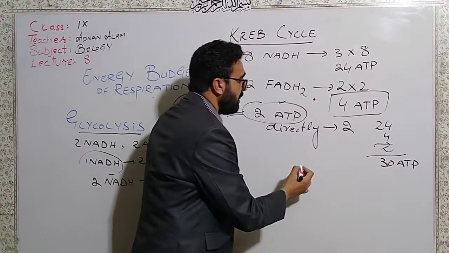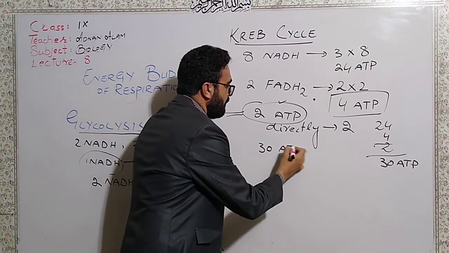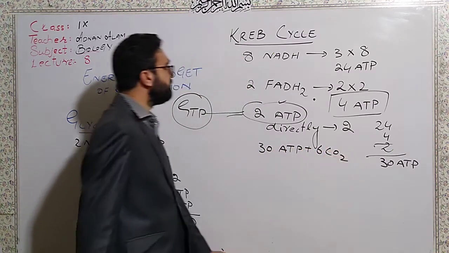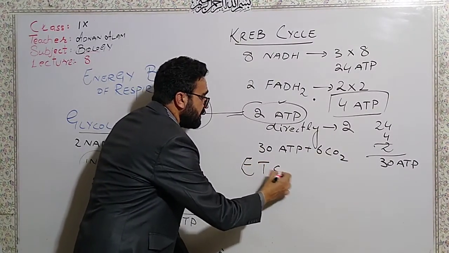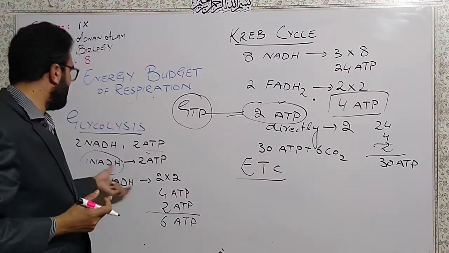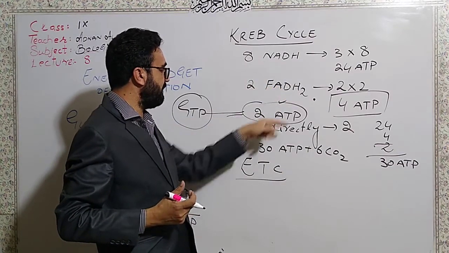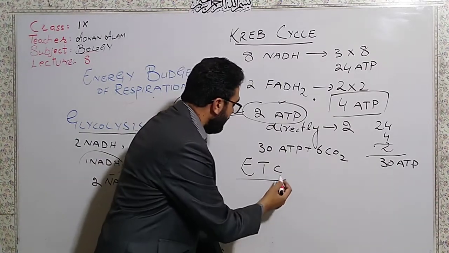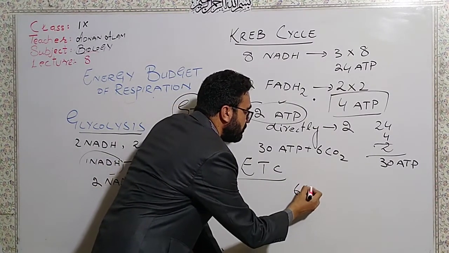Along with that, we got 30 ATPs plus 6 carbon dioxide molecules. Then in the electron transport chain, all these steps occur, in which ATPs are yielded from NADH and FADH2. In the electron transport chain, additionally 6 water molecules are formed.